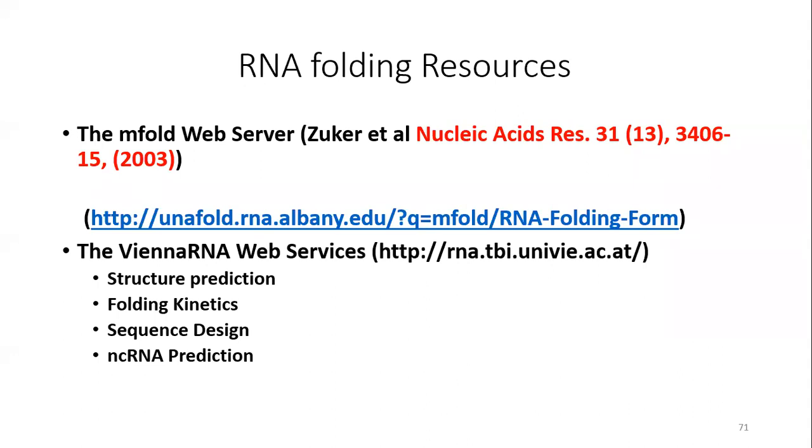And the present form of the mfold web server is implemented on such approaches. There are two web servers that can be used for RNA folding: the mfold web server and the Vienna RNA web service, which also enables structure prediction, folding kinetics, sequence design, and so on and so forth.